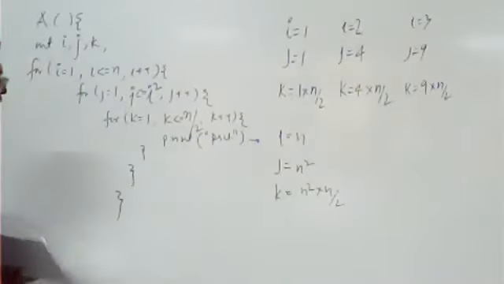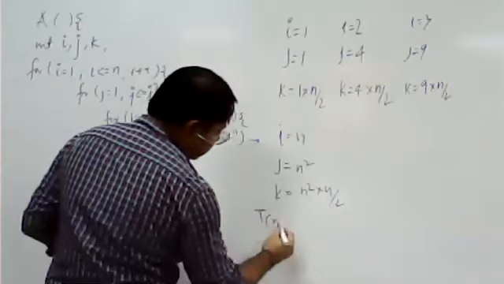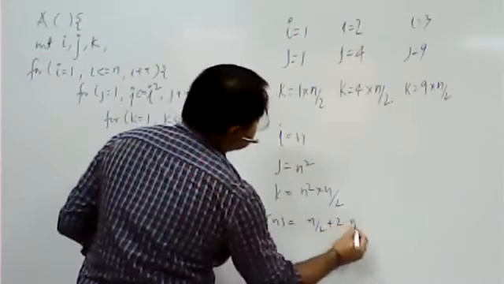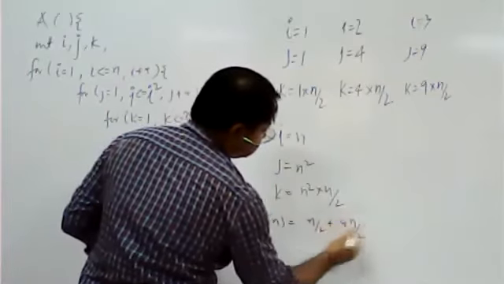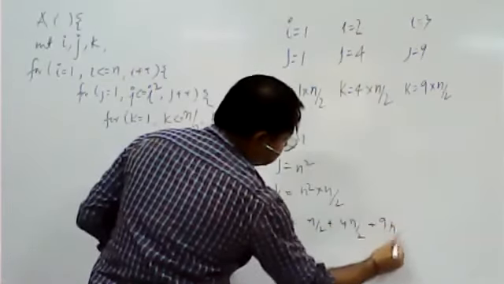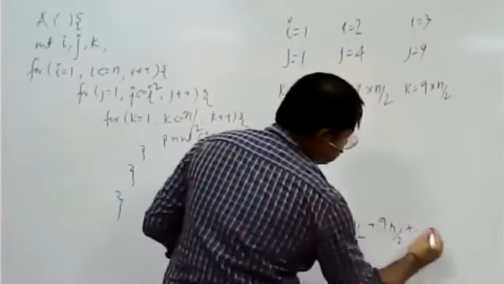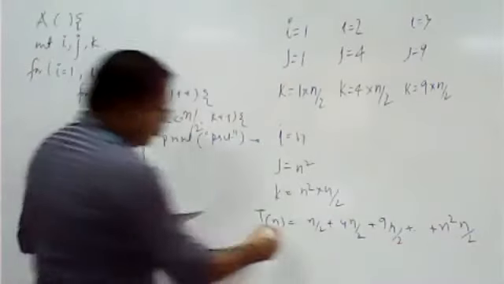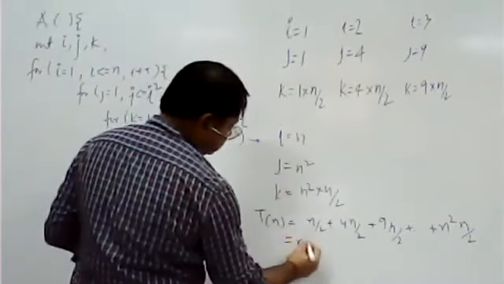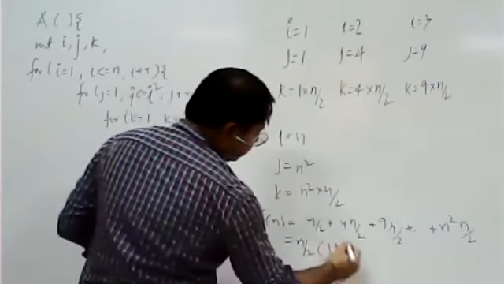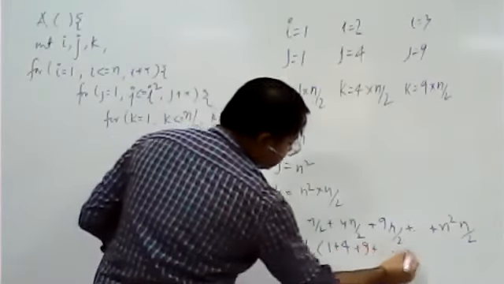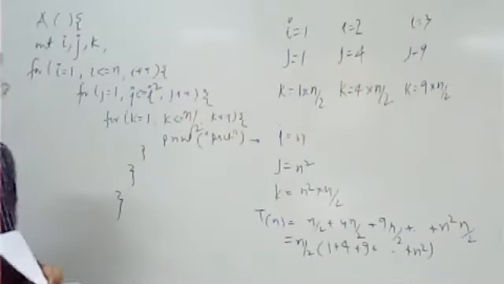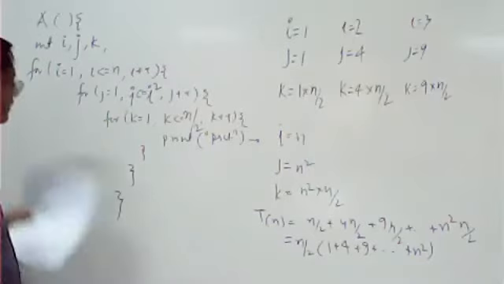So if we calculate k, T(n) is equal to n by 2 plus 4n by 2 plus 9n by 2 plus up to n square into n by 2. If I take n by 2 common, we get 1 plus 4 plus 9 plus up to n square, so the sum of squares of n natural numbers.